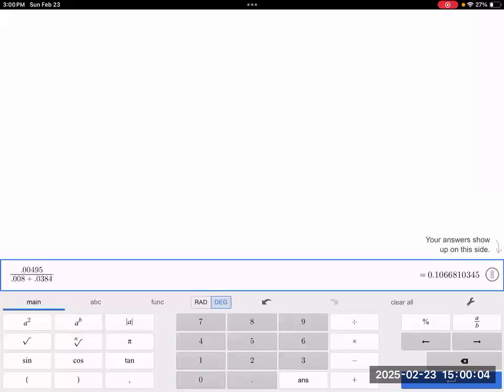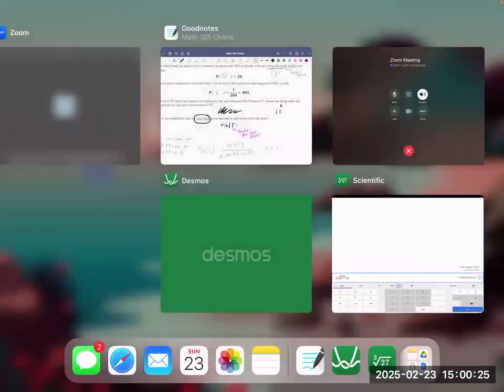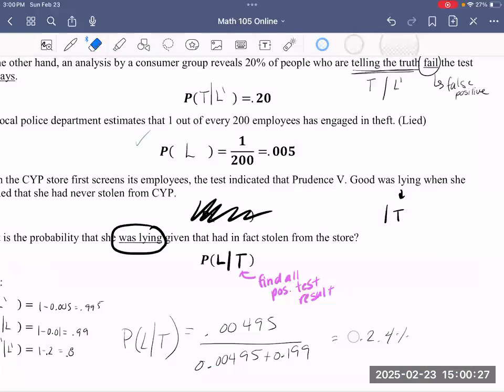Like she is absolutely coconuts. 0.495 plus 0.199. Okay, so about 2.5 or so. Oops, I missed a 9. Okay, so there we go. That looks better. Here we go.